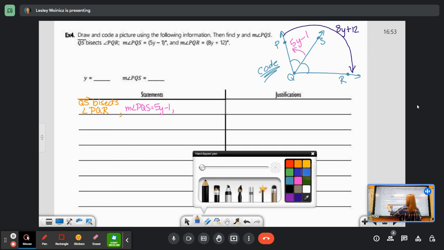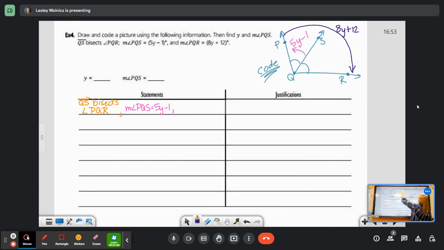And last, we know measure of angle PQR is 8y plus 12. Okay, how do we know all those delightful little nuggets? They were given to us. All right.